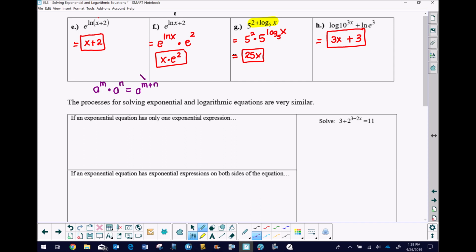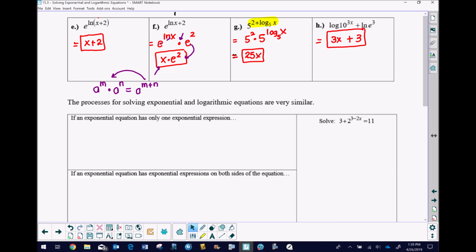All that we're doing in this problem is moving in the opposite direction. We're taking a sum of 2 exponents and writing it as a product of 2 like bases. At that point, the e to the ln of x is, of course, going to be the x, and this e squared just drops straight down.